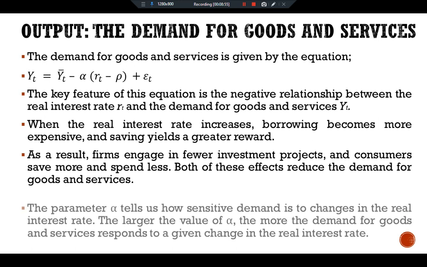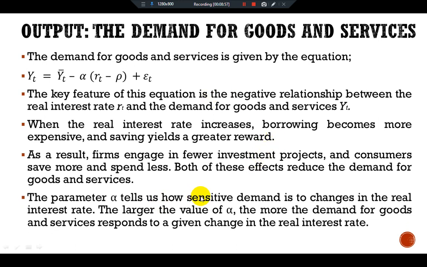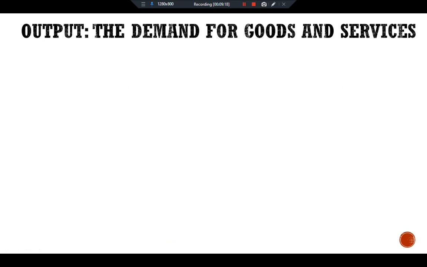So the parameter alpha tells us how sensitive demand is to changes in the real interest rate. The larger the value of alpha, the more the demand for goods and services responds to a given change in the real interest rate.